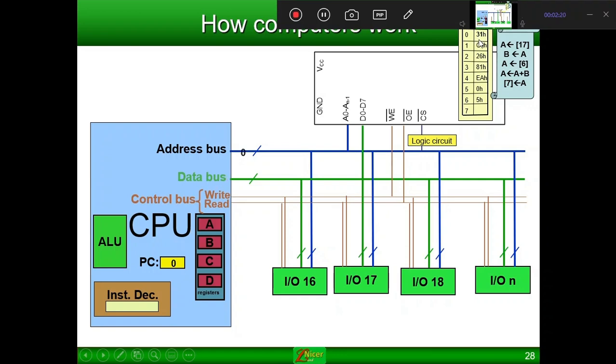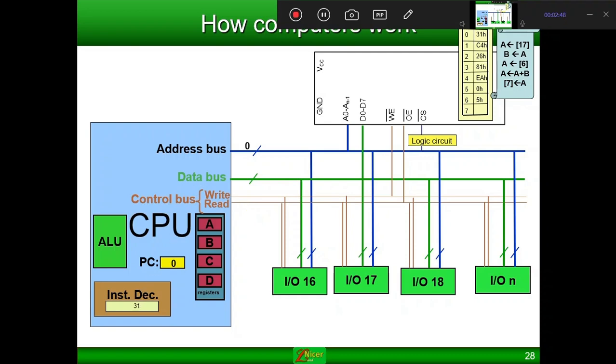When the address 0 is assigned to the address bus, this address relates to the number 31 hex. With the help of the control bus, which inputs or outputs data, the value present at the 0th position is input to the instruction decoder. So 31 is loaded at the instruction decoder.